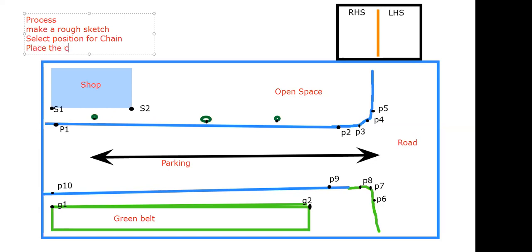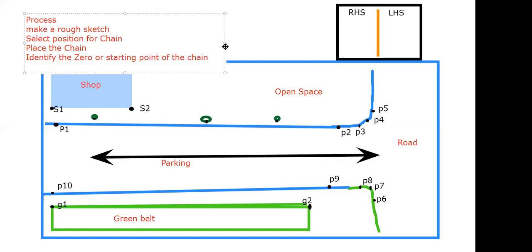Okay, then now out on the field, place the chain. Okay, after placement of the chain, what you have to do is to identify the zero or starting point of the chain. The chain has two ends.